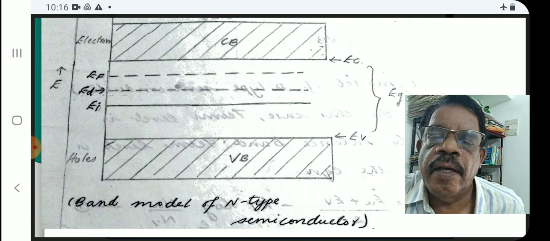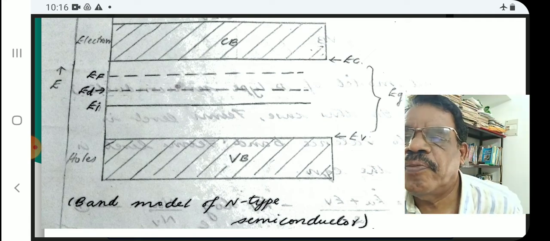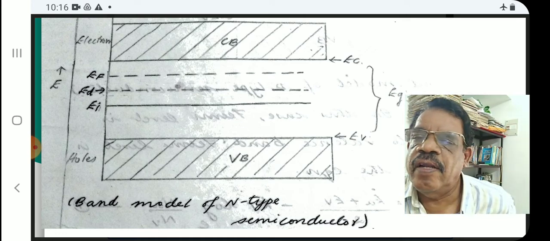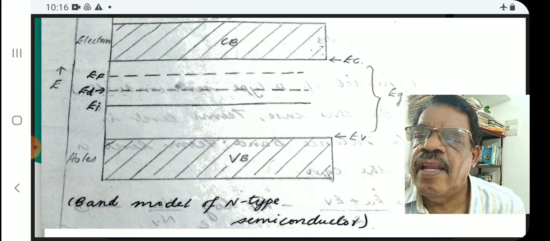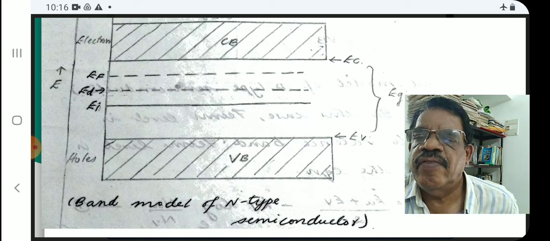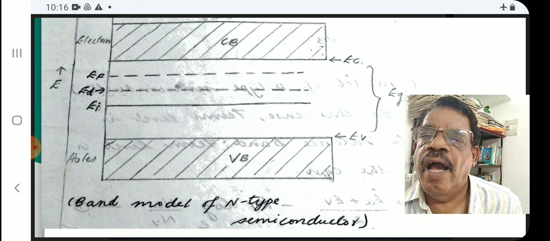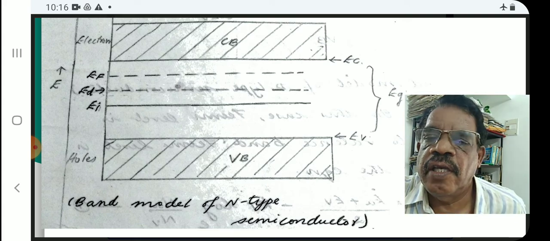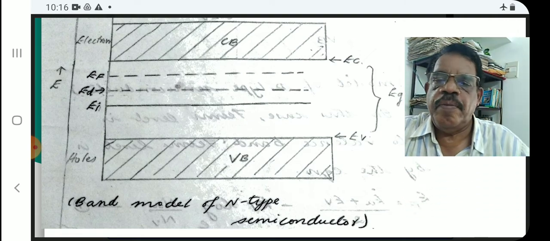The gap energy EG is divided into 3 sections. ED is the donor energy level, and EF is the Fermi level. The Fermi level is just above the donor level ED, and it is below EC. And this is the band energy diagram of N-type semiconductor.